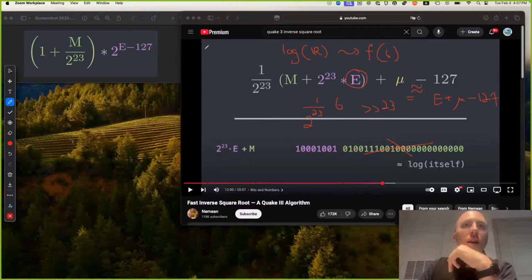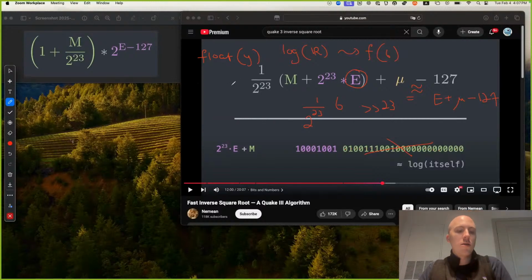Interesting. So we have float of y. And so we have y as a float. And then we say log of y.